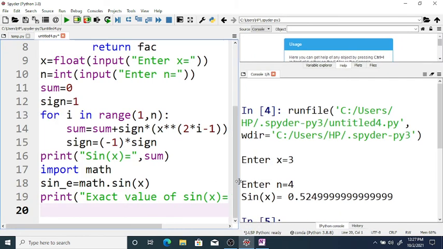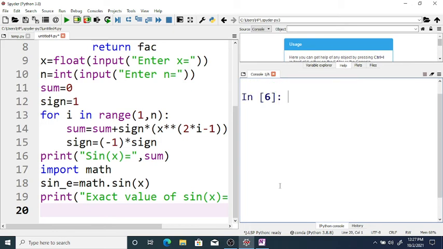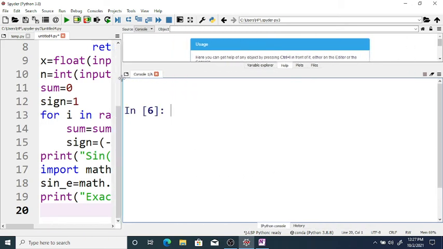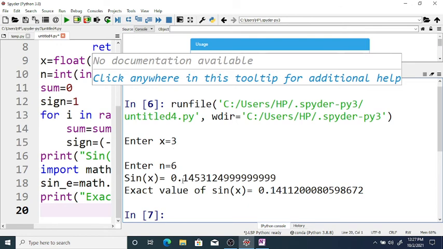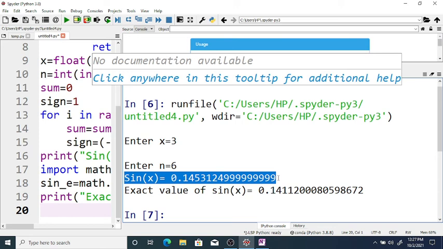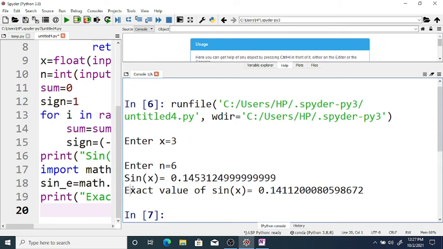Now again if you run this code, enter the value of x, say 3, number of terms say 6, and you can see here the value of sin x using series expansion is 0.1453124, and by using the exact value of sin x is 0.141120.